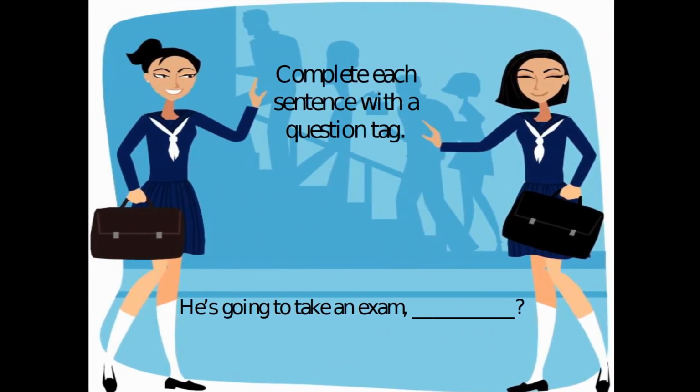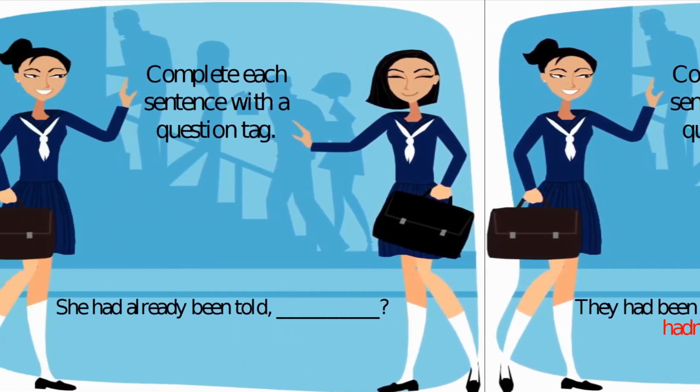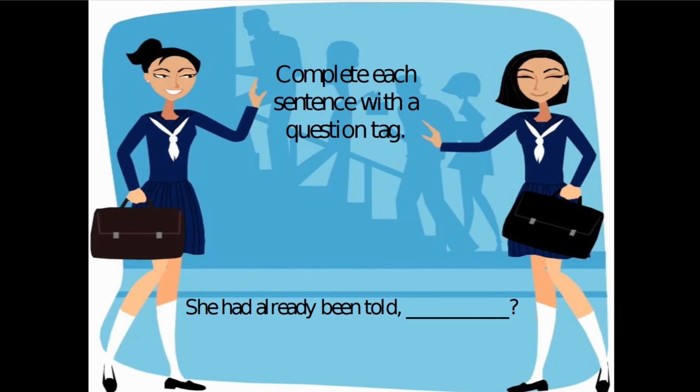He's going to take an exam. He's going to take an exam, isn't he? They had been there before. They had been there before, hadn't they? She had already been told.